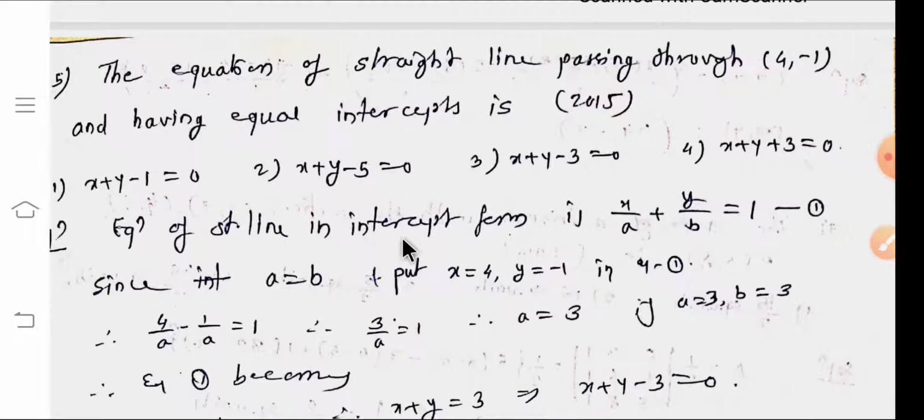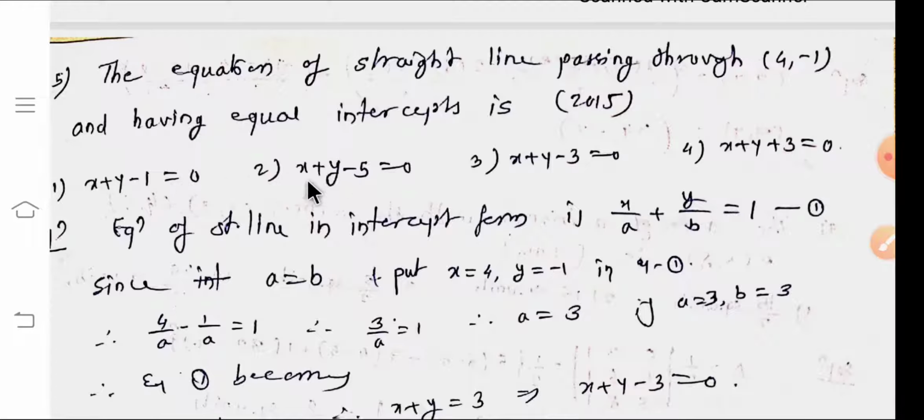So whenever this type of question comes, we have 4 options, we have to substitute x equal to 4 and y equal to minus 1, and the one where it satisfies the equation is the answer. If we substitute x equal to 4, y equal to minus 1 here, 4 minus 1 does not satisfy the equation equal to 0.